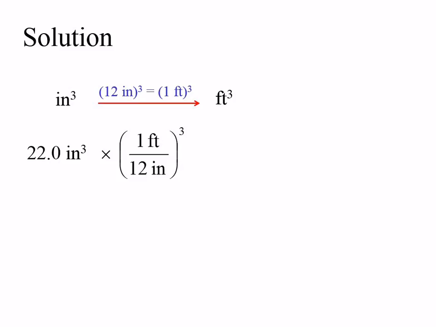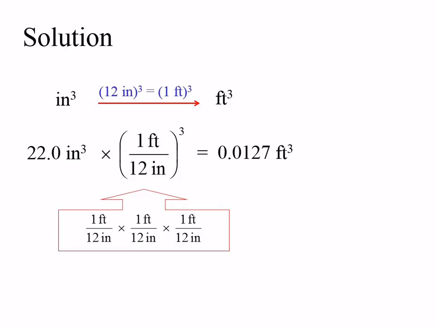So then I wouldn't get confused with my cubing my 12, basically. So like you're saying write out 1 foot over 12, 1 foot over 12. That's what I probably would do. So I've gone ahead and shown you the answer here. So this one might be one you want to kind of play around with. But what you'll end up with is in the top you'll have 22.0 and the bottom you'll have 12 times 12 times 12.